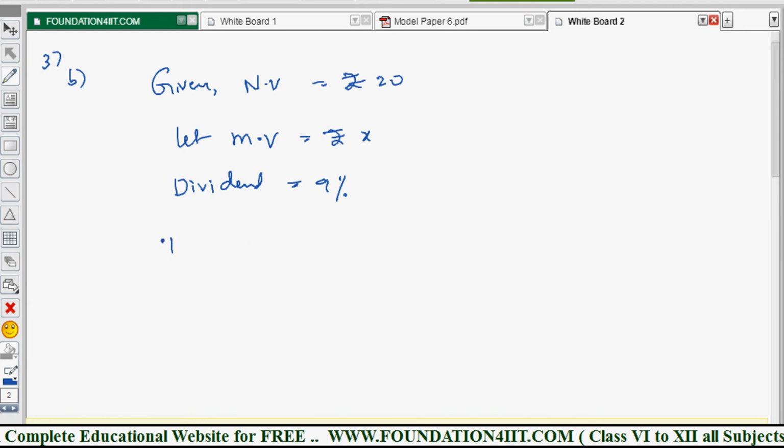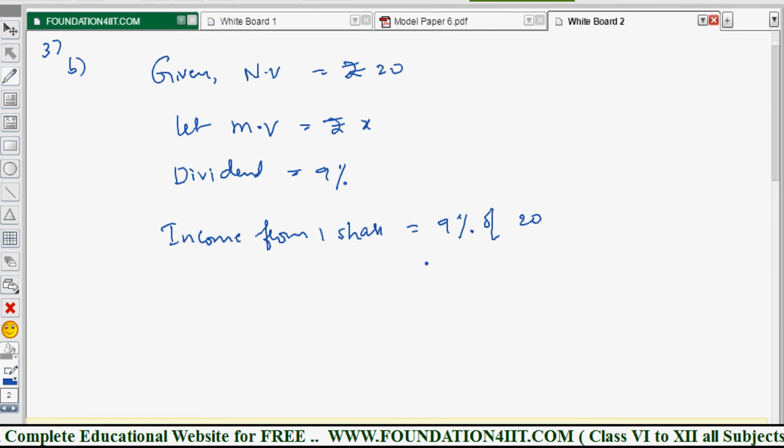So income from 1 share is 9% of nominal value, because dividend is always calculated on nominal value. That is 9 by 100 into 20, so that is rupees 9 by 5.